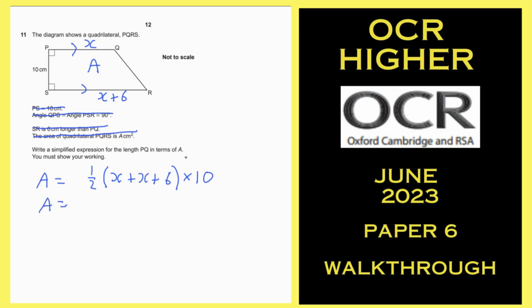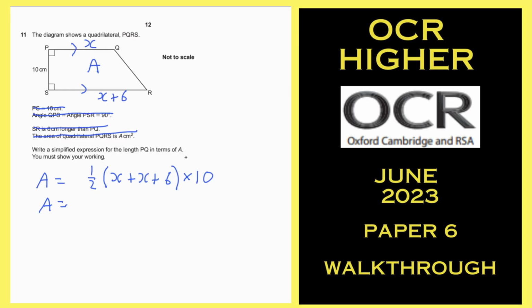Let's get rid of this. In the brackets, we have 2x plus 6. And outside the brackets, we've got half times 10, which really means 5.